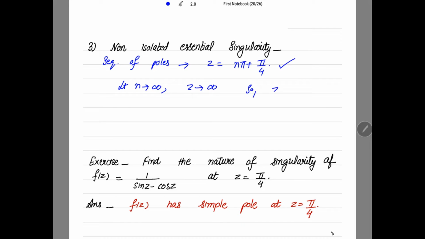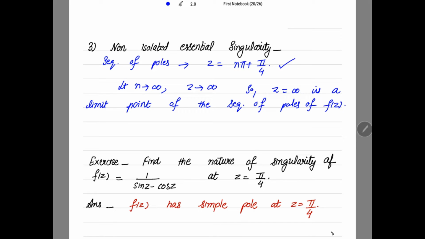So z equal to infinity is a limit point of the sequence of poles of f(z), and according to the theorem, the limit point of the sequence of poles of f(z) is your non-isolated essential singularity. I have also written this theorem as a remark in your recalls at the very beginning of this video.